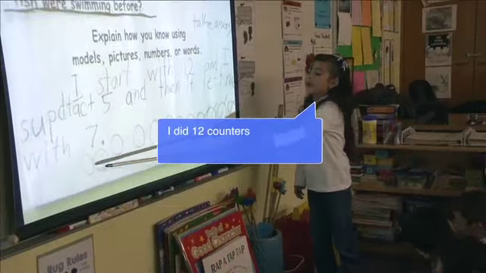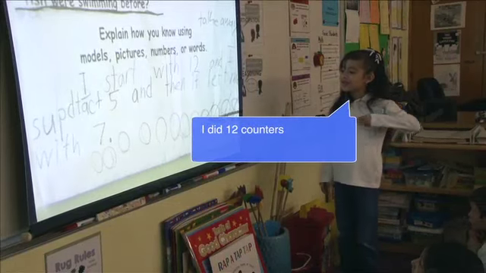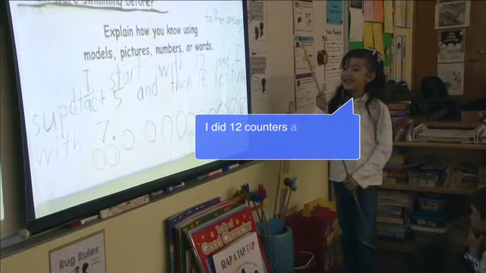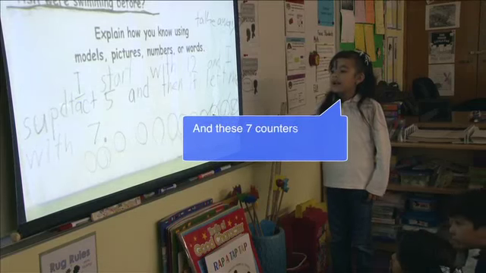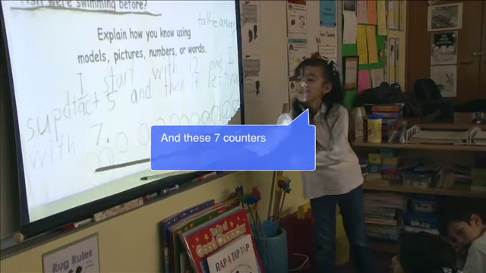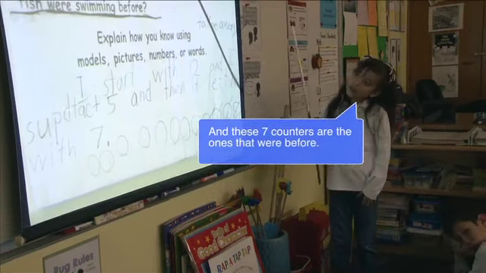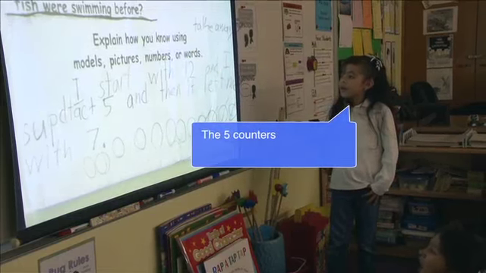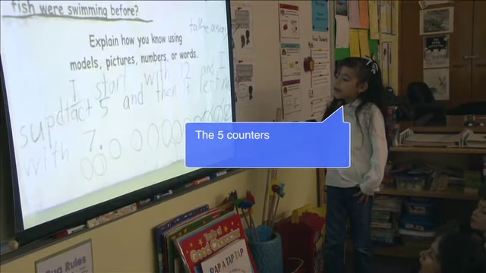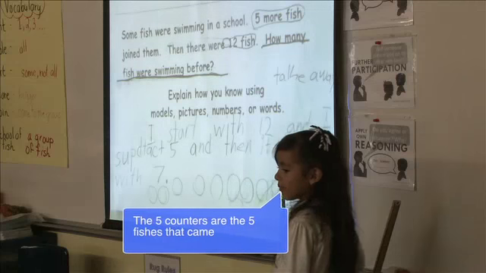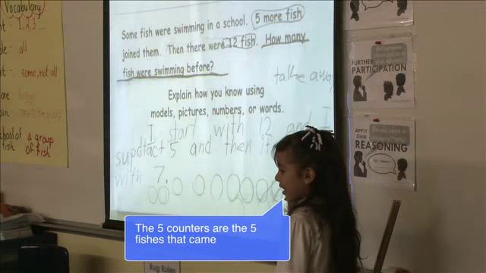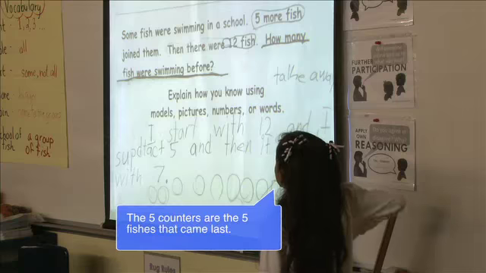I did 12 counters and then I crossed out 5 and these 7 counters are the ones that were before the 5 came. The 5 counters are the 5 fishes that came last.